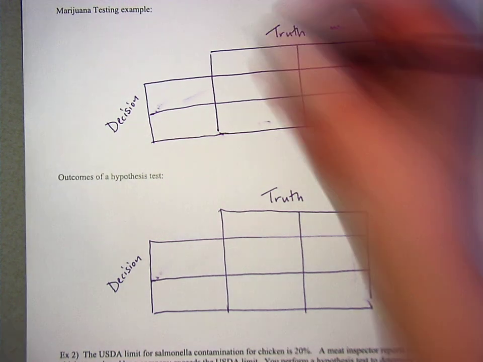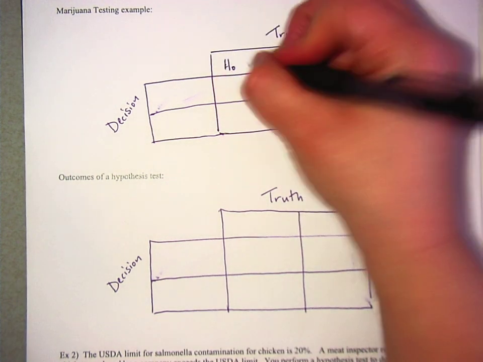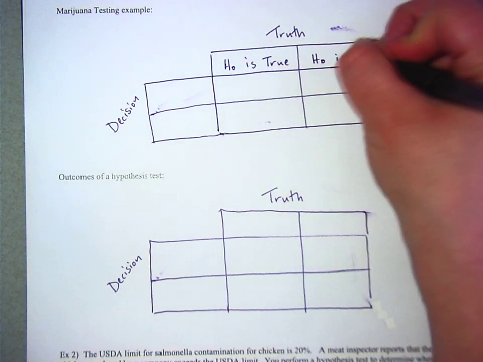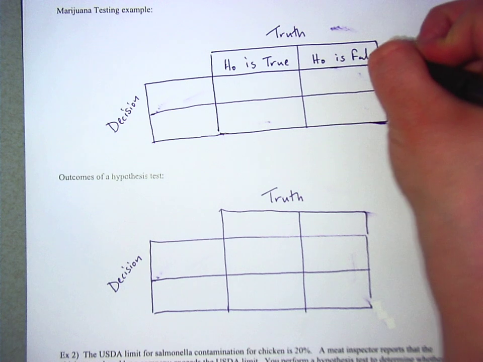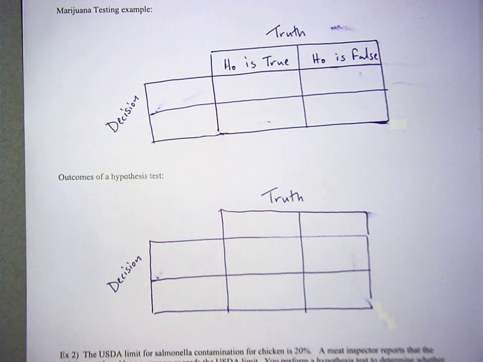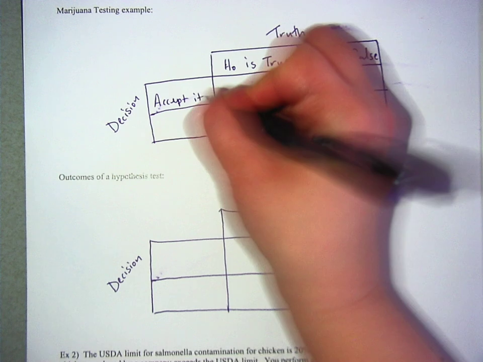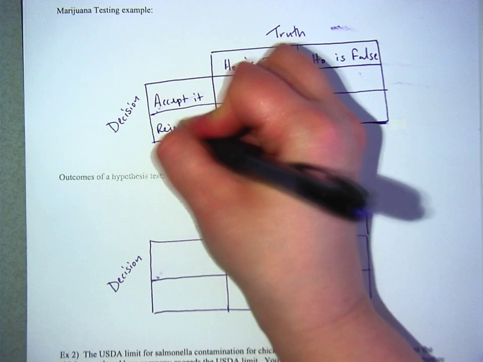Okay, so the truth is, like, deep down, H sub O is true, or H sub O is false. And over here, with the decision, we're accepting it or rejecting it.